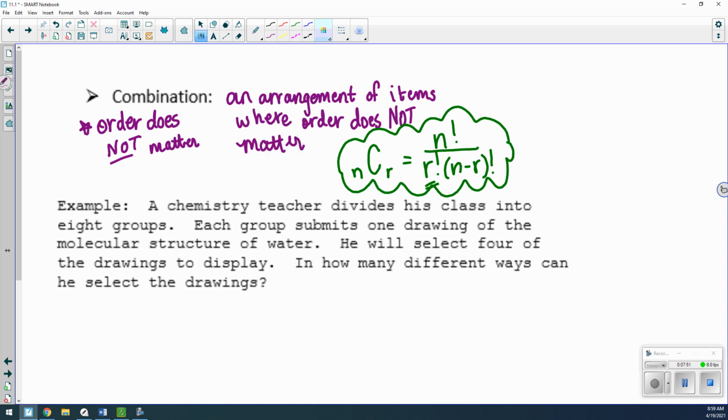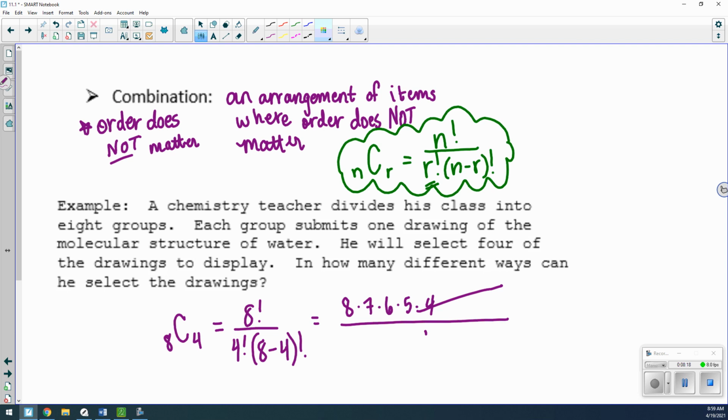To determine the number of arrangements that are possible, I'm going to take my 8 drawings and choose 4, where the order doesn't matter. This formula involves 8 factorial over 4 factorial times (8 minus 4) factorial. So let's write this out. I've got 8 times 7 times 6 times 5 times 4, and I'm going to stop there. 4 factorial, forget about that. And then I do have another 4 factorial, so I will write that out just to help me with my division.